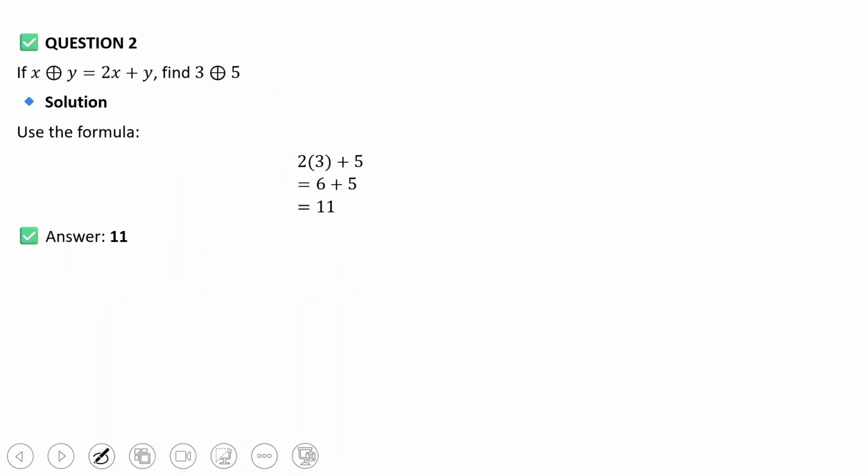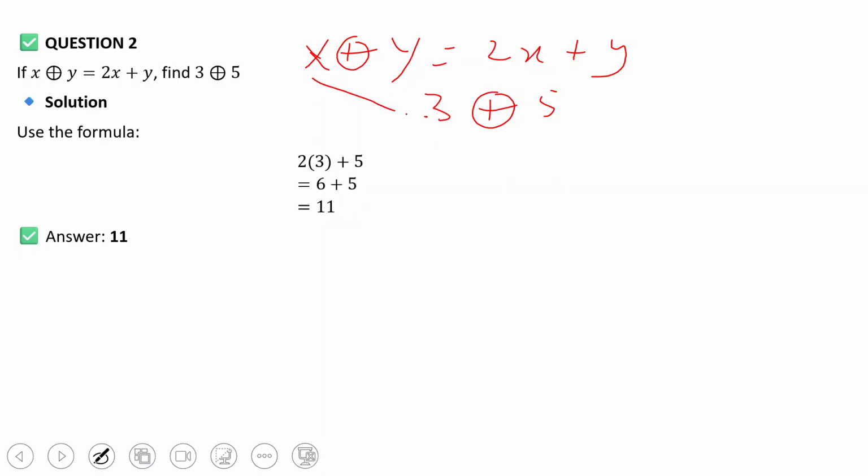Again, I have x second plus. This symbol is second plus. x second plus y is equal to 2x plus y. Find 3 second plus 5. Already we have defined x second plus as this particular thing here. So we can match x to 3 and y to 5 and substitute.